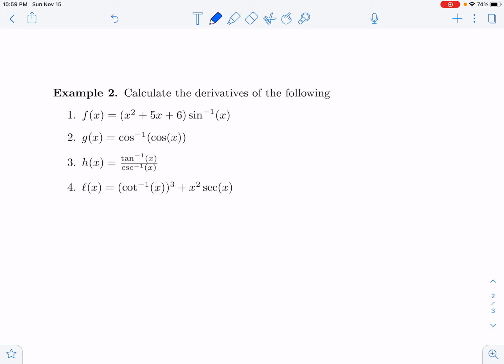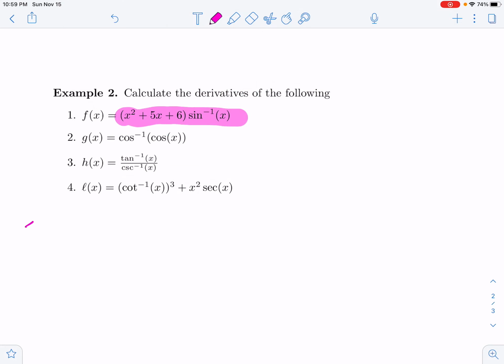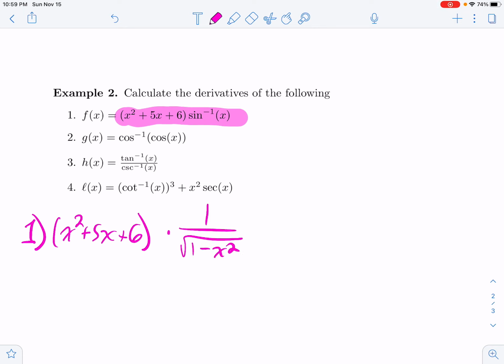Number one, this is a polynomial times an inverse trig function. So I'm going to need the product rule, number one. So it's first times the derivative of the second. So using our new rules, this is 1 over the square root of 1 minus x squared.